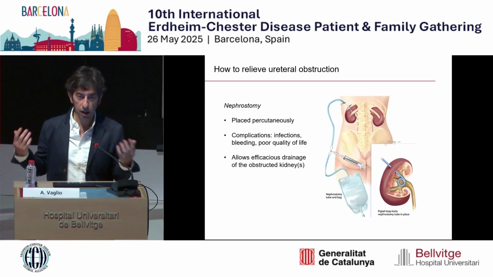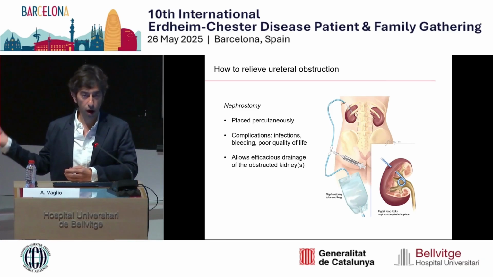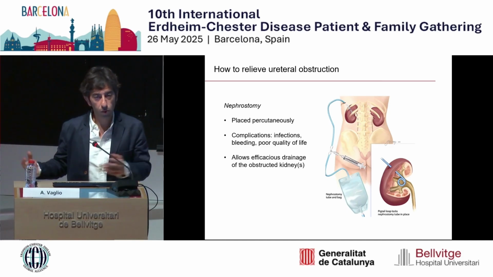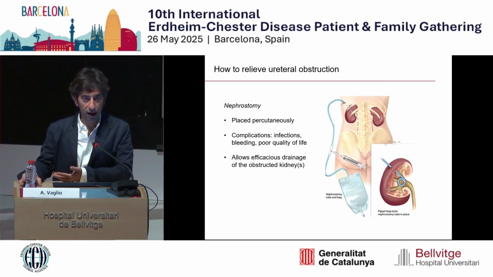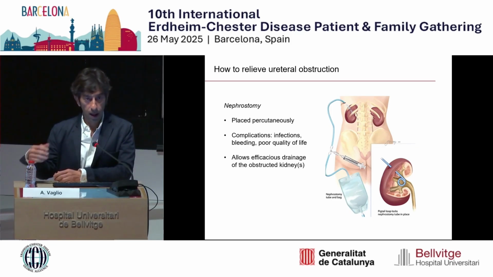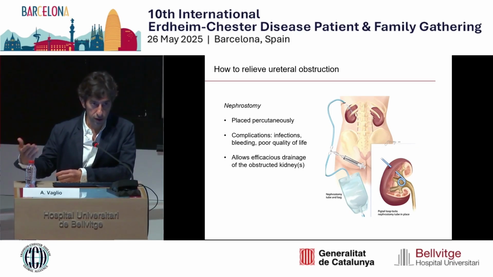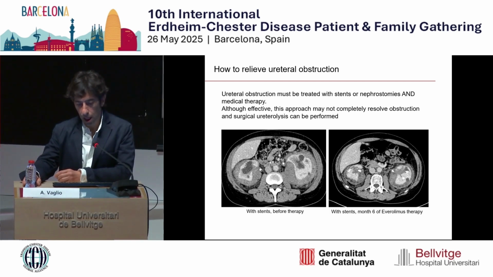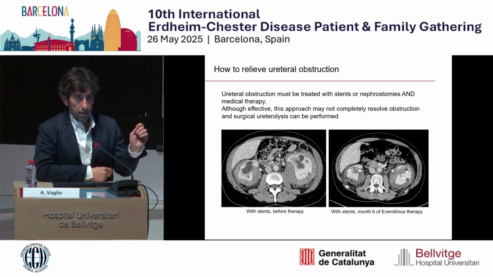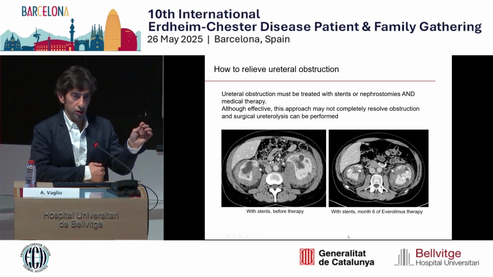I would say when you have to take a shower, you're going to go running, or in summer or whatever. This is usually very bad for quality of life, and also because it favors infections as well. But these are only temporary measures to relieve obstruction.